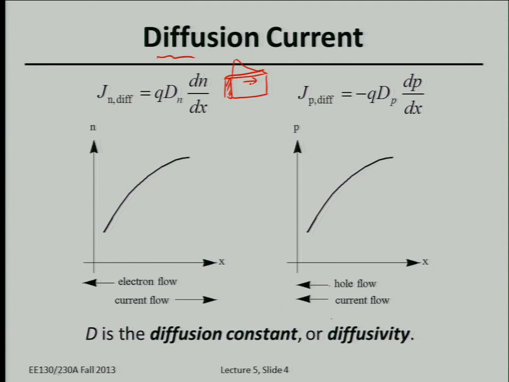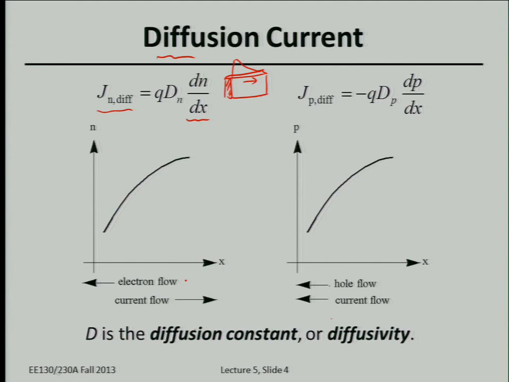In the first order approximation, we assume the current density, the areal current, is proportional to the gradient along the diffusion direction. Okay, so this is a 1D approximation.